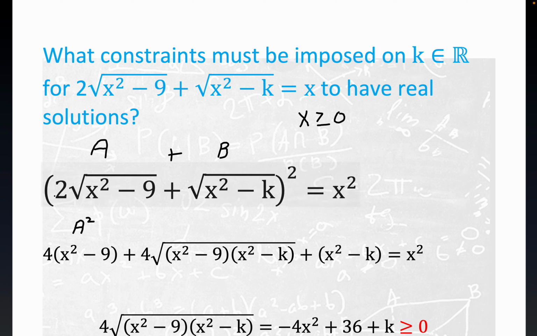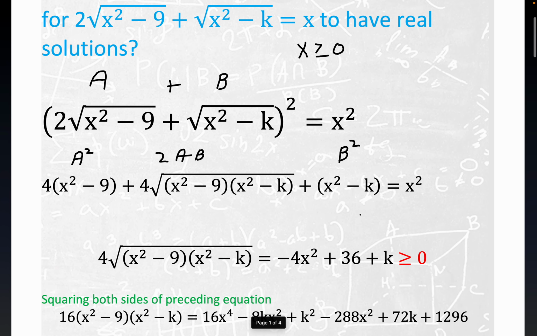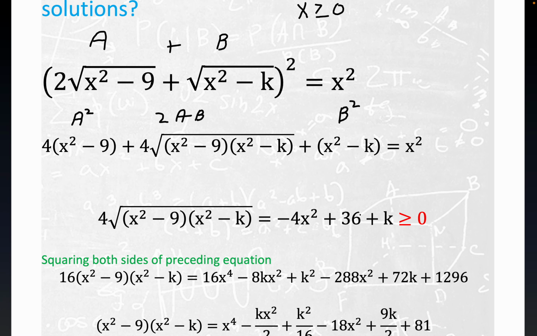There's already a 2 right here, so this is already in the form 2ab, and then this guy right over here is b squared. And now the next piece of this is just collecting like terms, getting everything on one side, isolating the radical, I think is how some people put it.